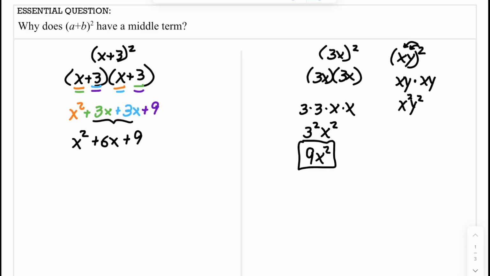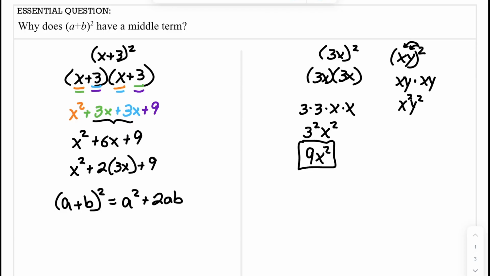So you could look at this as x squared plus 2 times 3x plus 9, which is where we get that general rule from, which is (a plus b) squared equals a squared plus 2ab plus b squared.